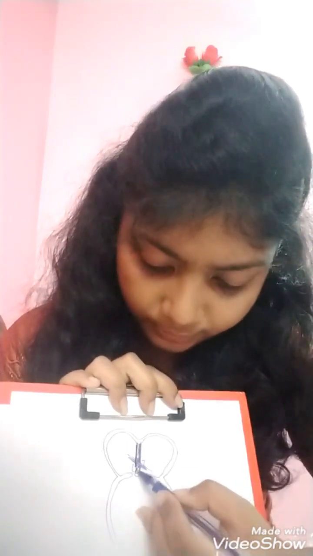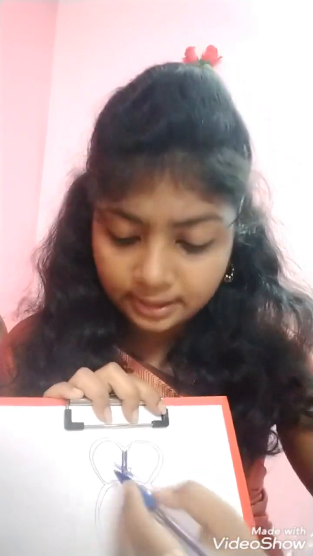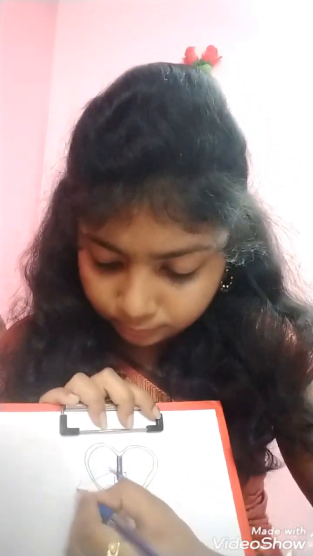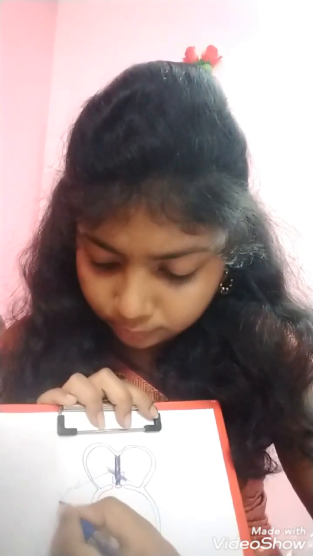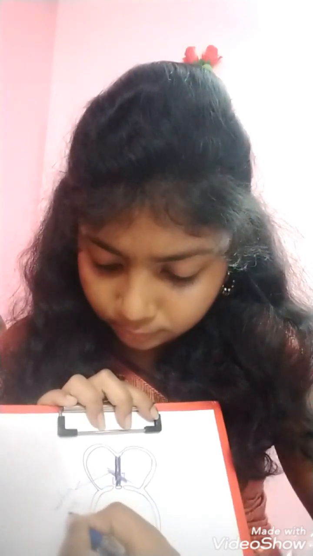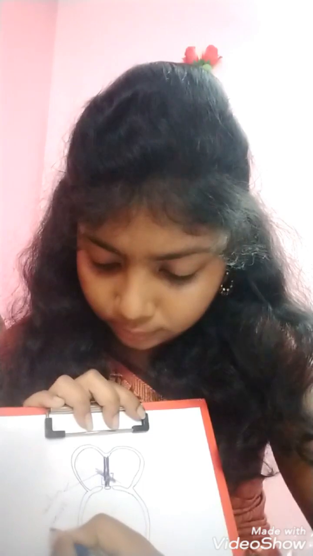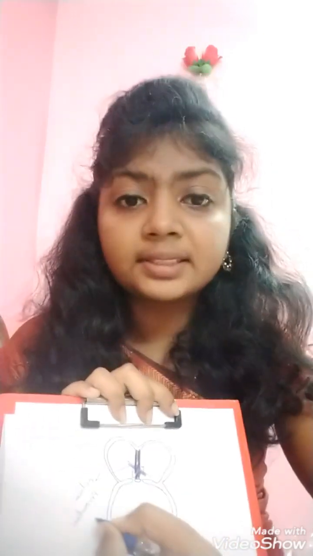So this is closed, this is also closed, and this is left as a defect. This is called ostium secundum. 90% of cases occur in ostium secundum. This is the defect.